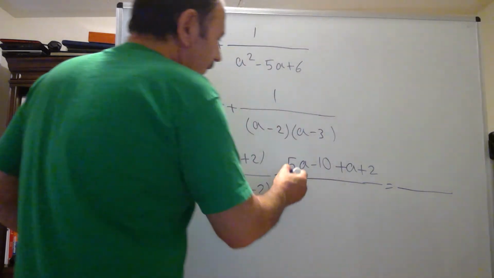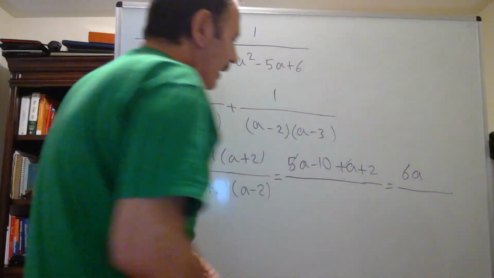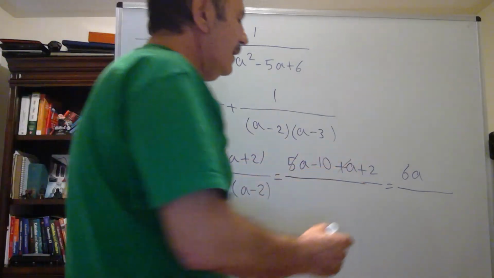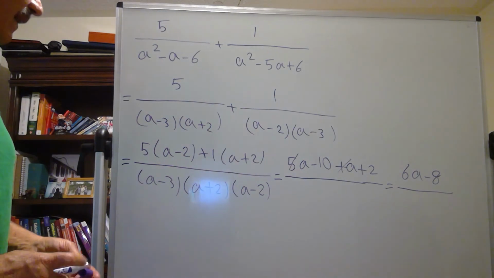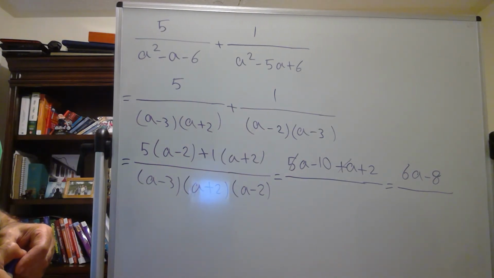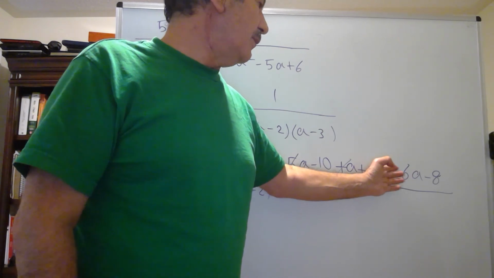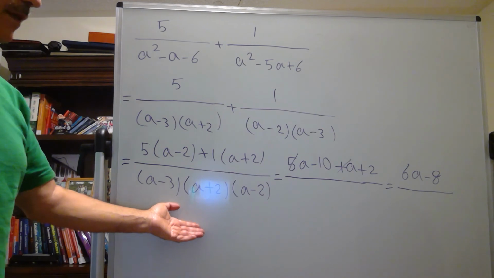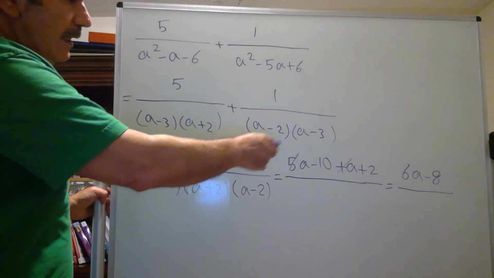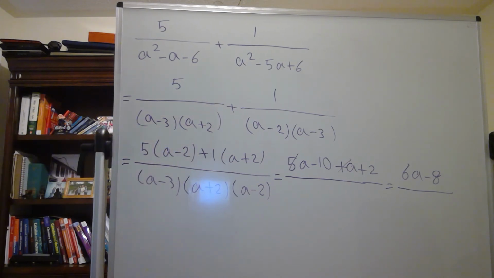Then 5a plus a is 6a, and minus 10 plus 2 is going to be minus 8. Okay. Now we can factor out 2, which is 3a minus 4, which is not cancelling the denominator. 5a plus a is 6a minus 8, yeah, I didn't make mistakes. 5a minus 10, no, it's the same thing.